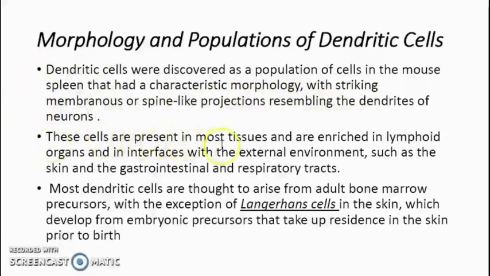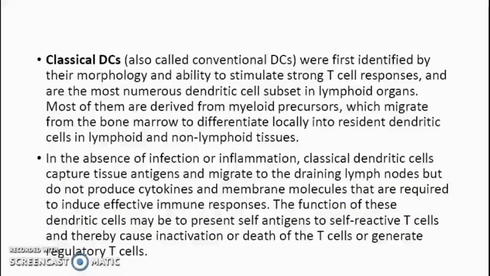These cells are present in most tissues and are enriched in lymphoid organs and in interfaces with the external environment, such as the skin and gastrointestinal and respiratory tracts. Most dendritic cells are thought to arise from adult bone marrow precursors, with the exception of Langerhans cells in the skin, which develop from embryonic precursors that take up residence in the skin prior to birth.